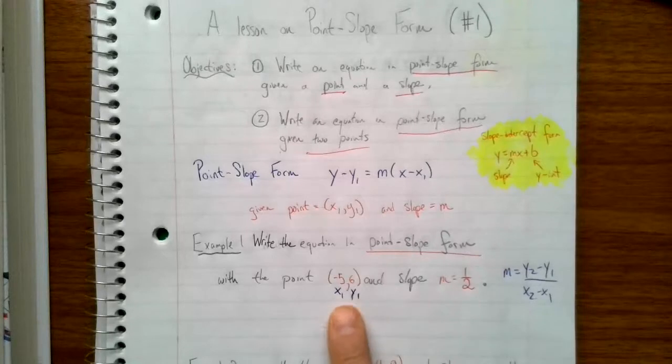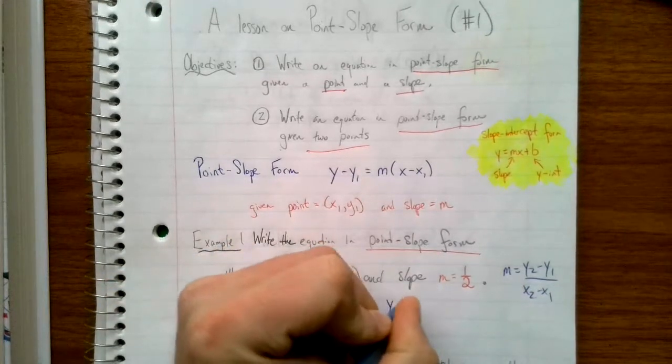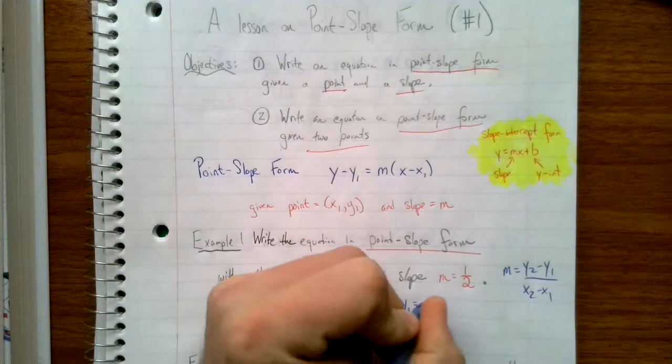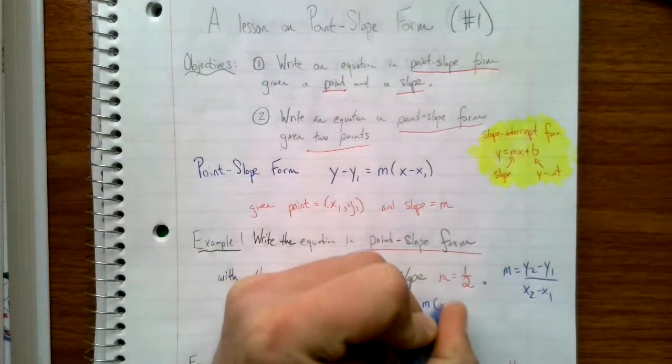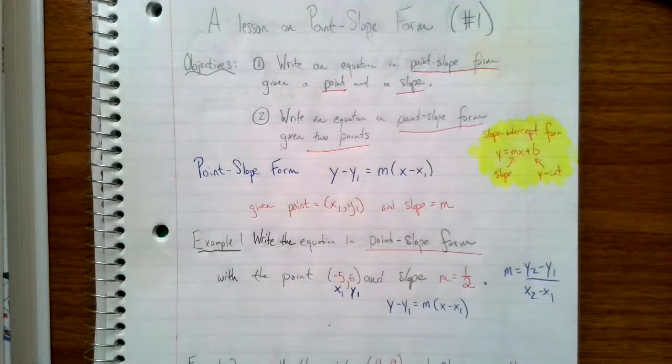So it's kind of the same idea where we're just labeling the point. Now that we have the point labeled, let's rewrite this point slope form equation, y minus y1 equals m multiplied by x minus x1, where that's in parentheses.